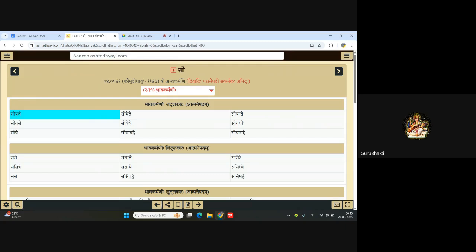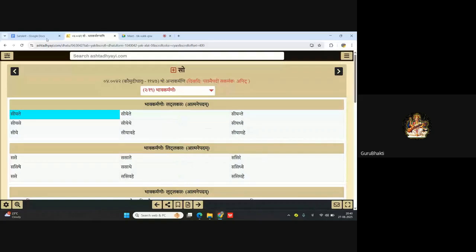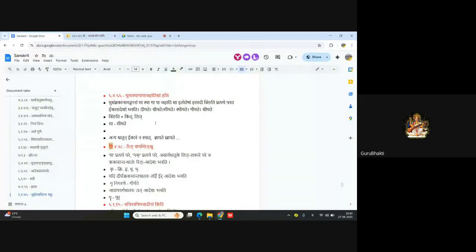Siyate. It becomes sa after so many sutras. They have given this sa, not the original dhatu. So the original dhatu is sho. Yes, murdanya sho.